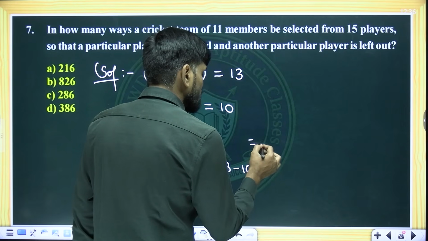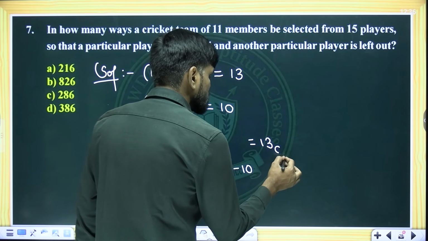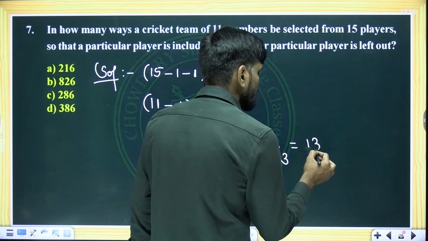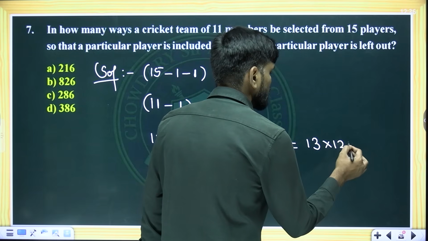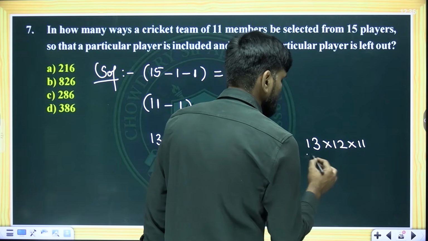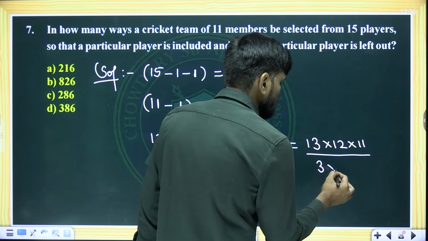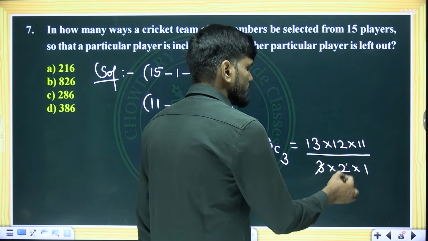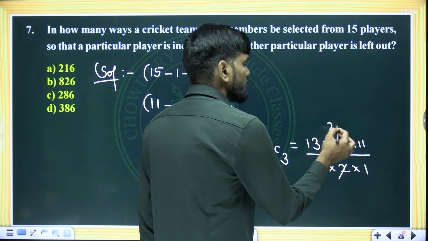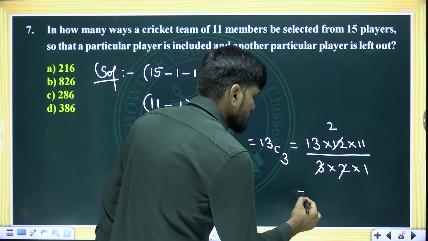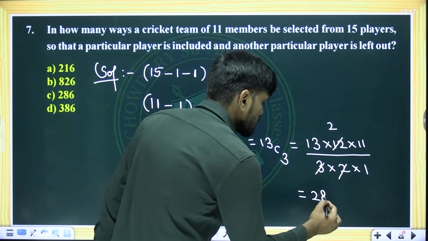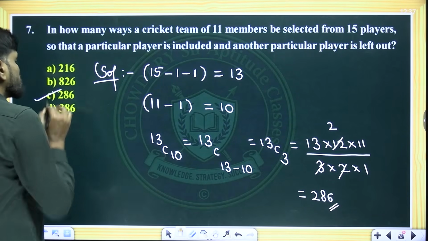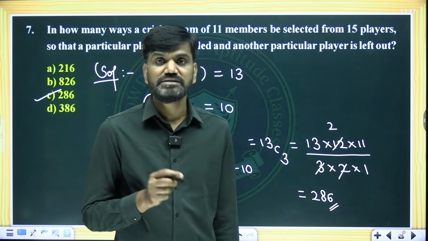So that is equal to 13C3. 13C3 is nothing but start with 13, write 3 numbers at the top: 13 into 12 into 11 by 3 into 2 into 1. 3 2s are 6, 6 2s are 12, 13 2s are 26, 26 11s gives you 286. Hence your answer has to be option C.